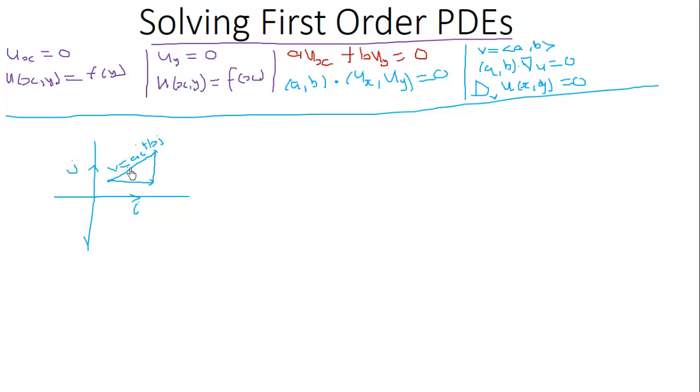Now the directional derivative being equal to 0 means that the solution to the PDE is constant in the direction of the vector v, meaning that the solution depends on a function that is parallel to the vector v.